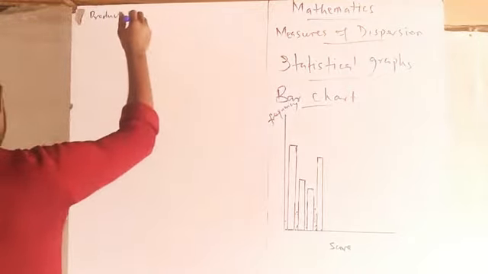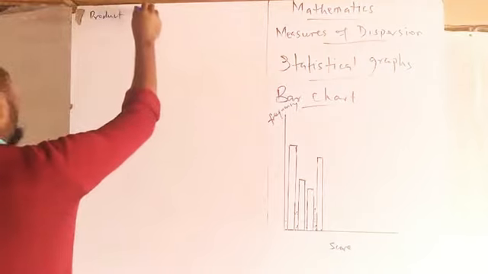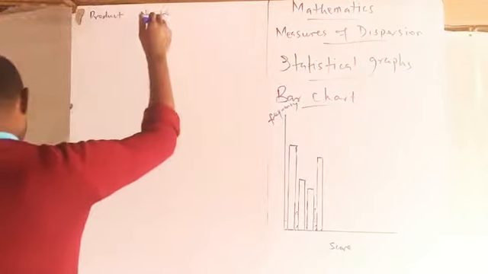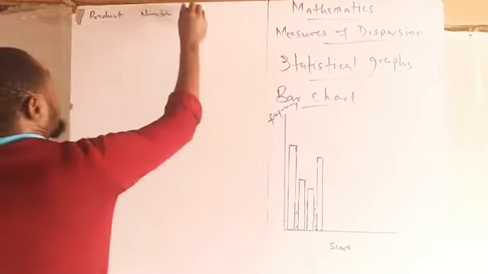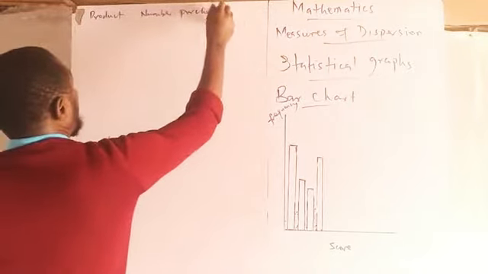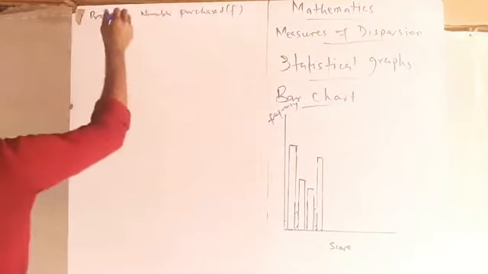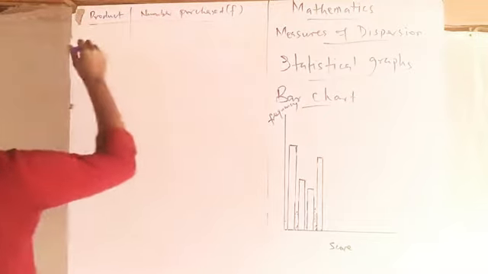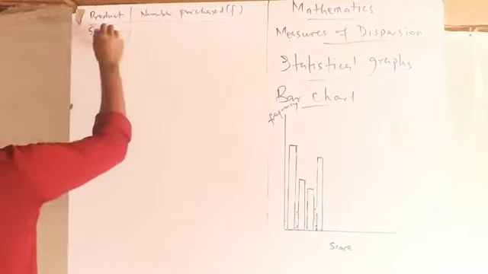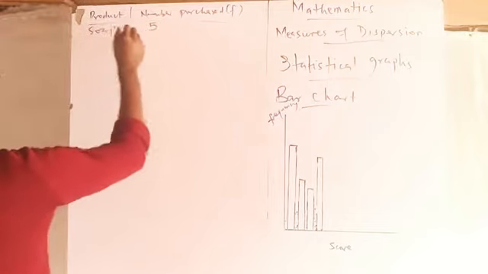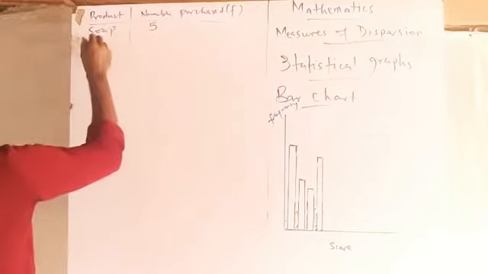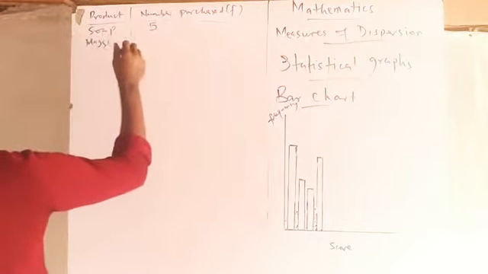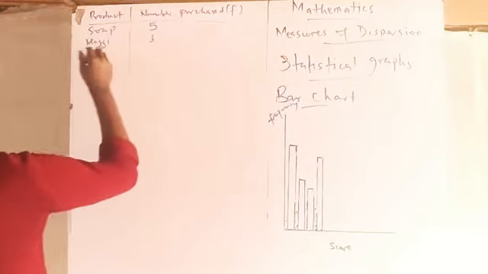The products are given, and the number purchased, which is your frequency, and here is the result. Soap, we have 5. Maggi, we have 3.